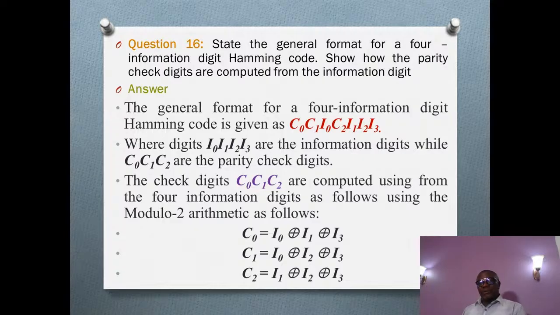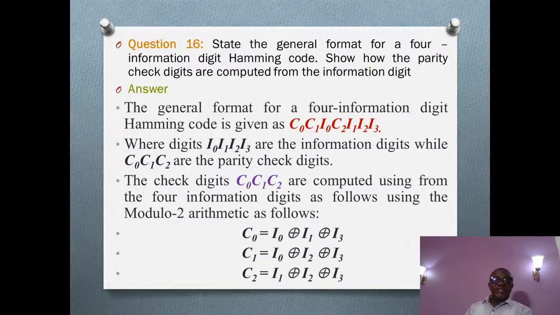So now, using the Hamming code, the redundant bits are represented as C0, C1, and C2 for a 4-digit informational code, which is I0, I1, I2, I3. So you put it in that format as C0, C1, I0, C2, I1, I2, I3.